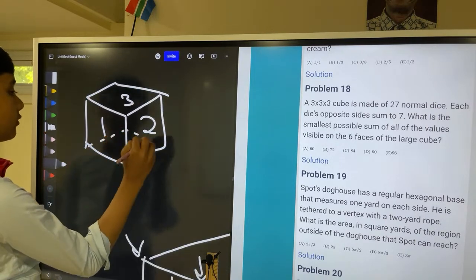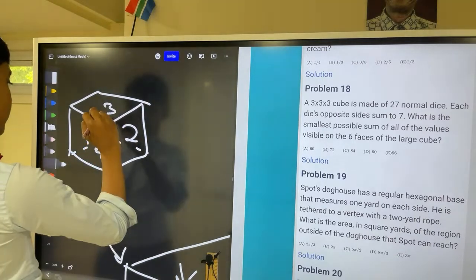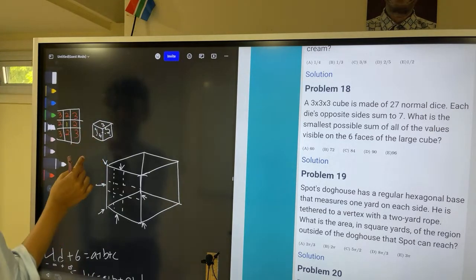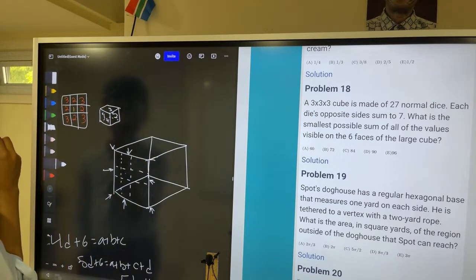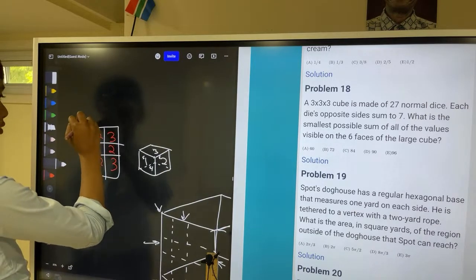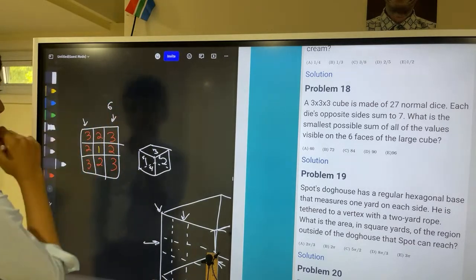Because then the 4 could be on the back, and then the 6 is here, and the 5 is there. Yeah. So it can be oriented that way, and that's what we want. So all of the corner blocks are going to add a value of 6.